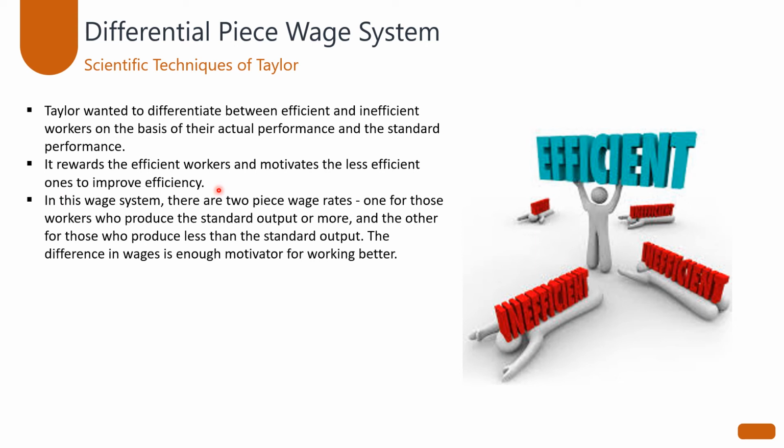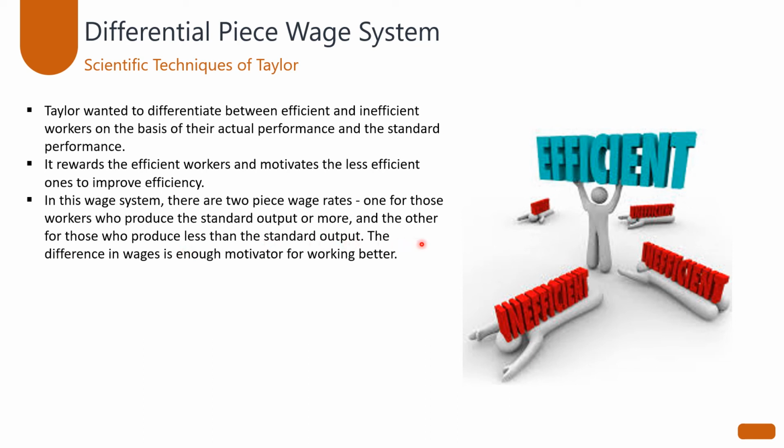So there must be some formula, some technique. In this wage system there are two piece wage rates, one for those workers who produce the standard output or more, and the other for those who produce less than the standard output.